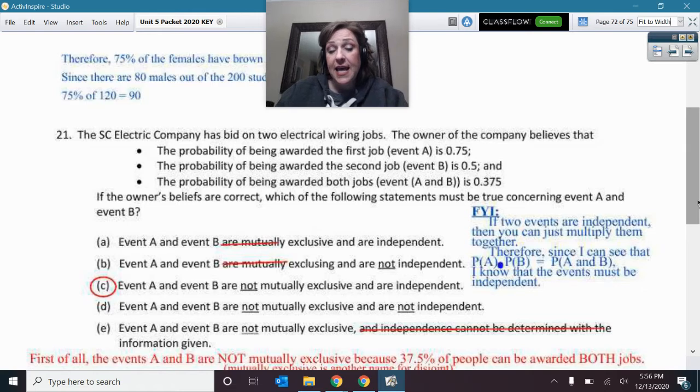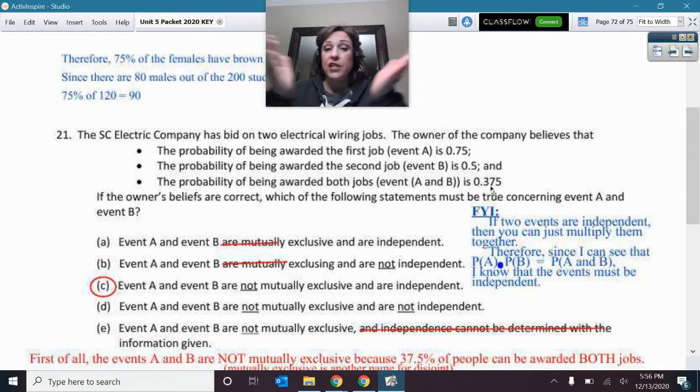Look, the probability of being awarded both jobs, that's events A and B together. So you can be awarded both jobs. At that point, I already know mutually exclusive is out because you can have overlap. So they are not mutually exclusive.